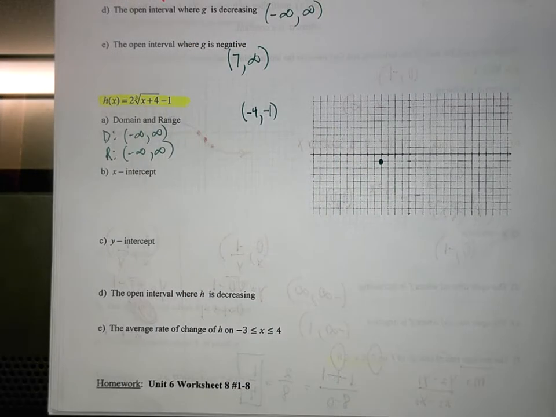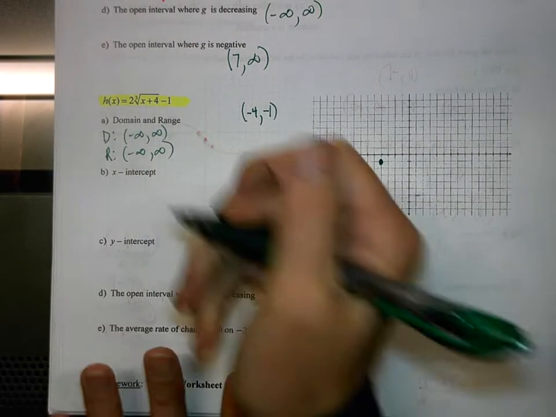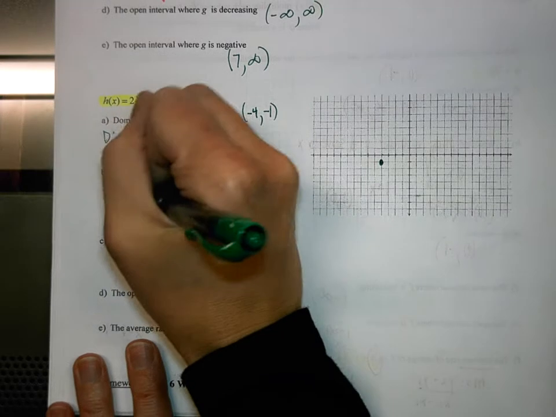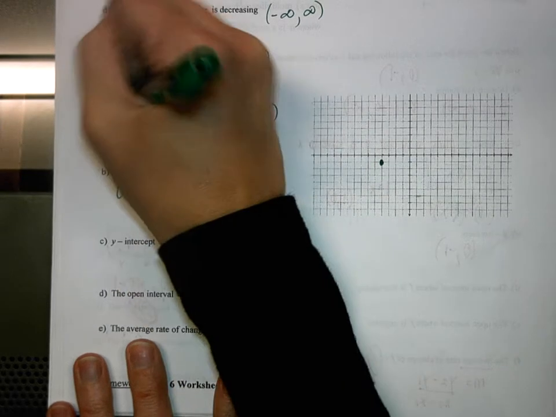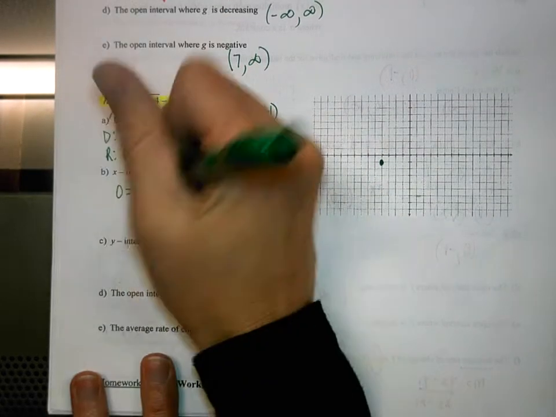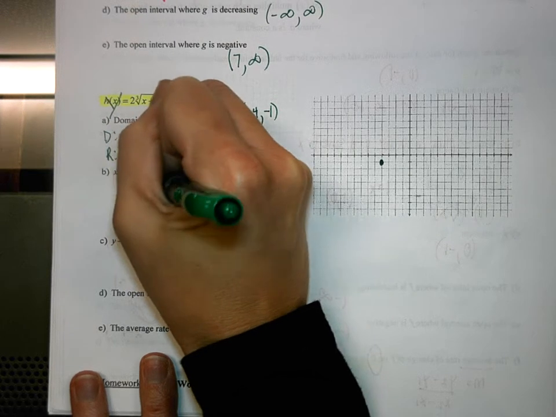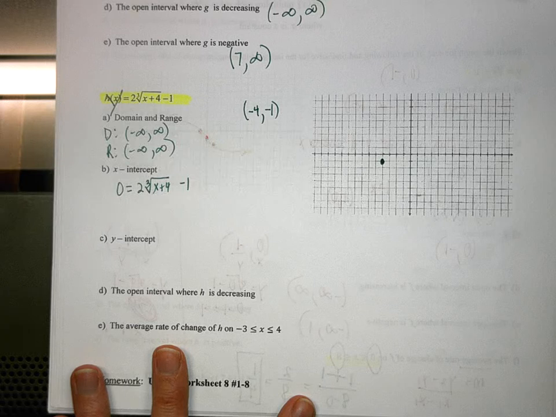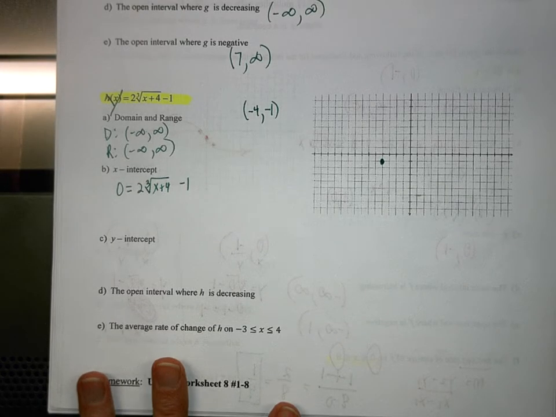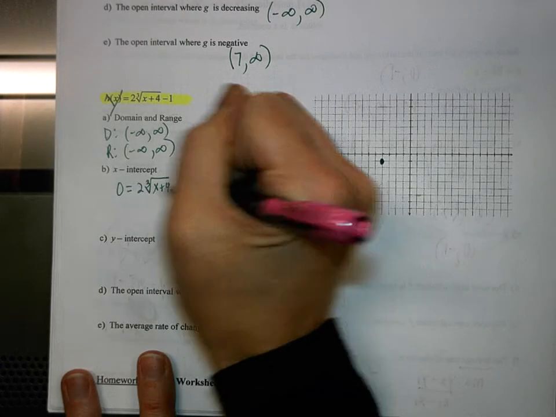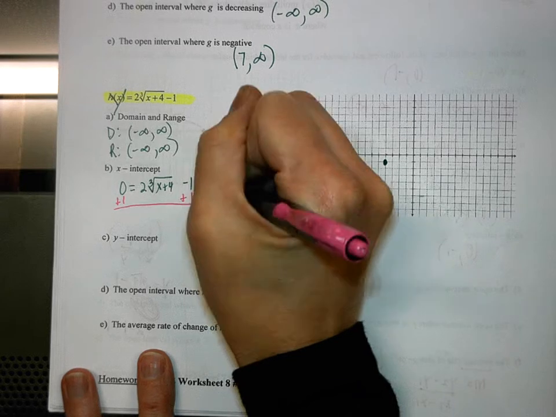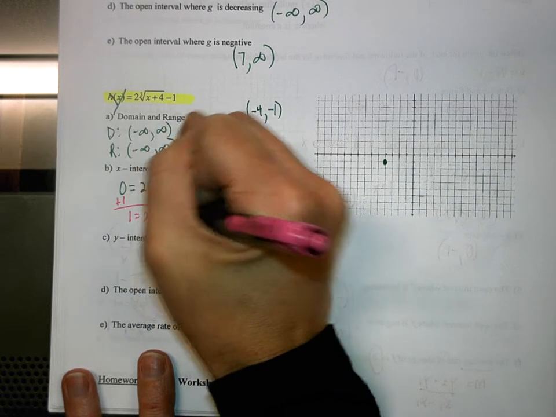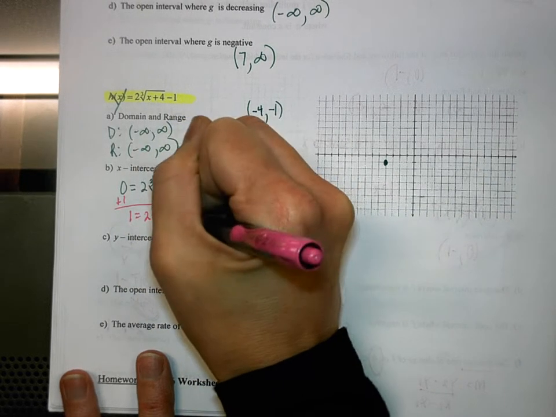Next, we'll find our x-intercept by plugging in 0 for y and solving for x. So 0, again, h of x is the same thing as y. 0 equals 2 cubed root of x plus 4, minus 1. In order to solve for x, I will add 1 to both sides. 1 equals 2 cubed root of x plus 4.